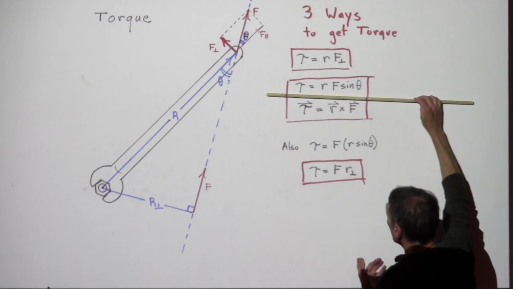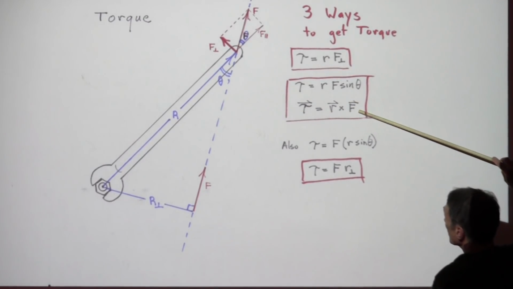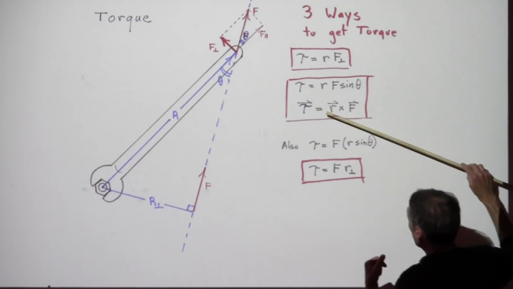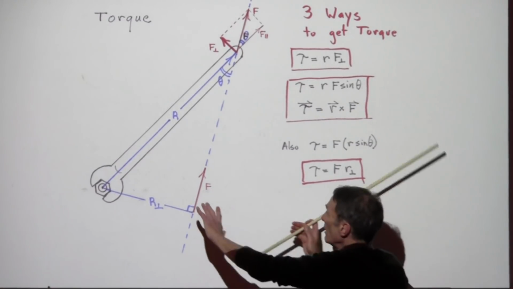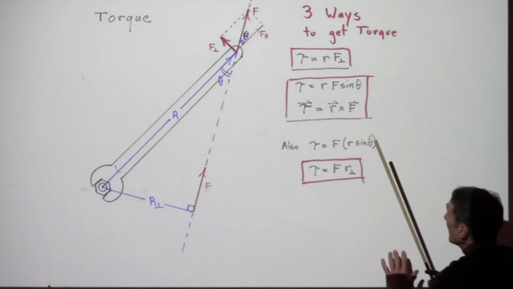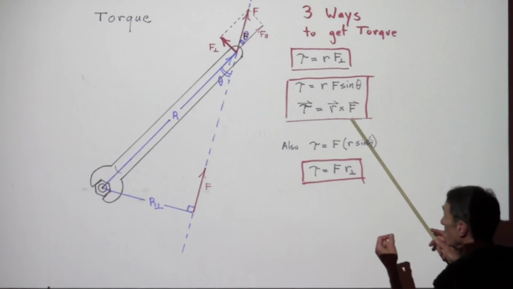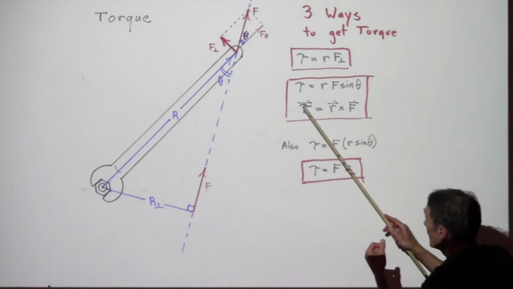The book does introduce a vector cross product, and we won't be doing a lot with this. If you've seen it before, and Dr. Young has probably talked about it a bit, most of the stuff we're going to be dealing with is in the plane of the page. If you get into 3D problems, as you will later in your engineering classes, you will want to use the cross product.